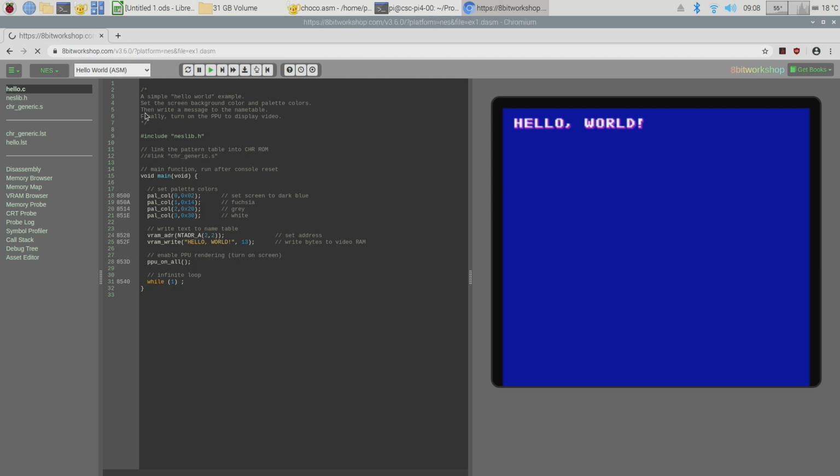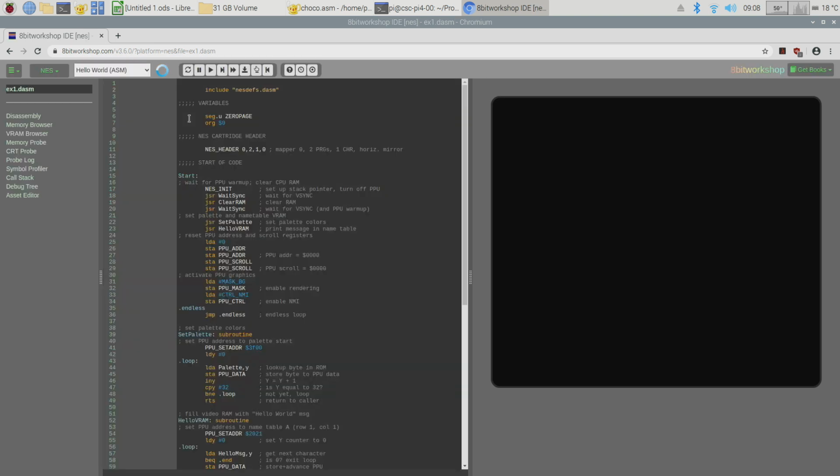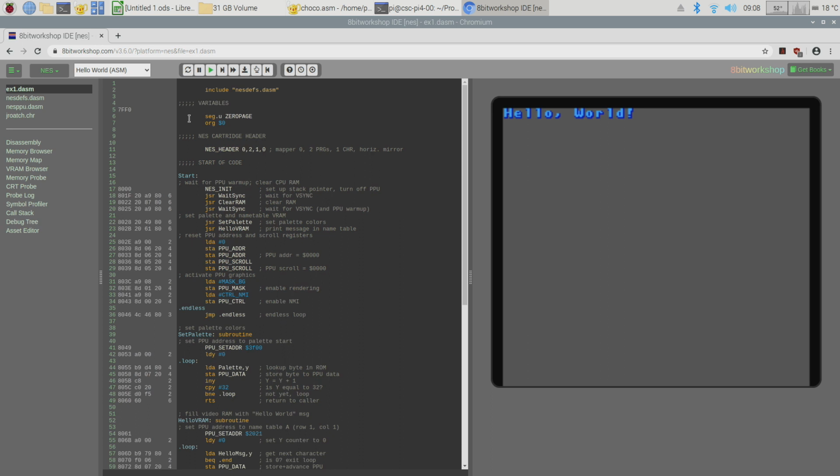Okay, and then I'm going to load an assembly one. So the way this architecture worked is it could address 64 kilobytes worth of memory, okay?